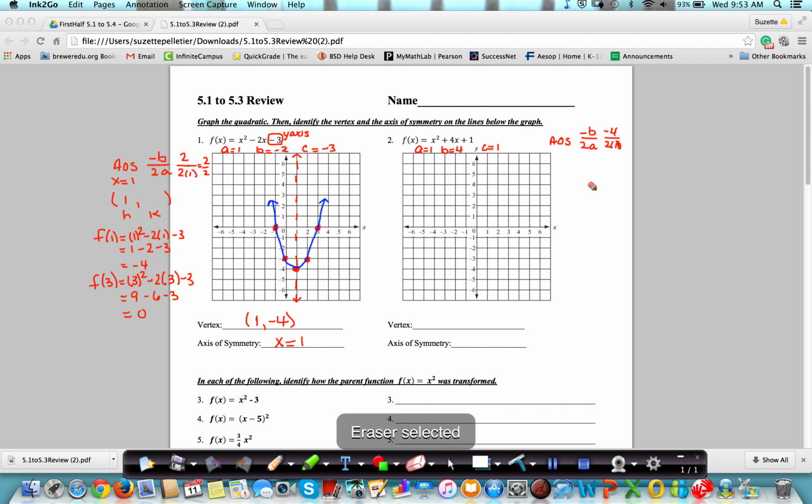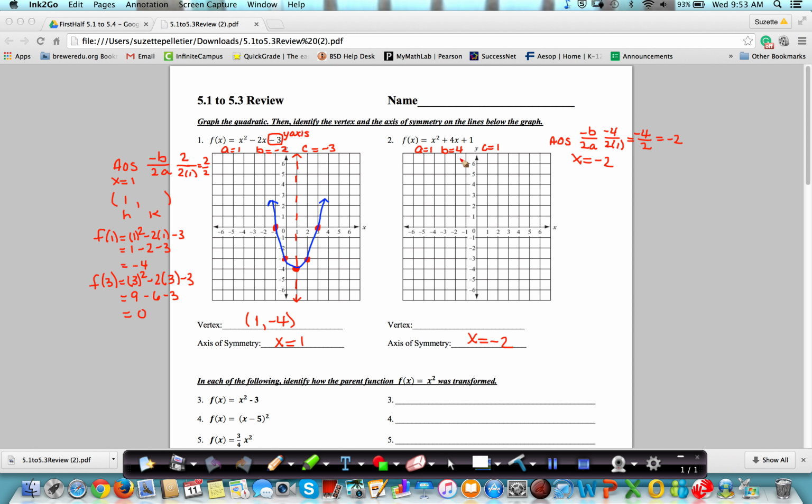Sorry, that was messy. Let me fix that for you. So 2 times a, which is 1. Okay, so then I get -4 over 2, which is -2. So my axis of symmetry is x equals -2.